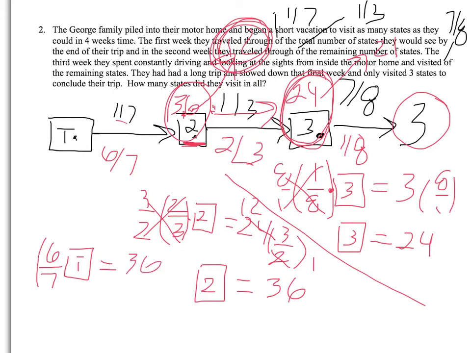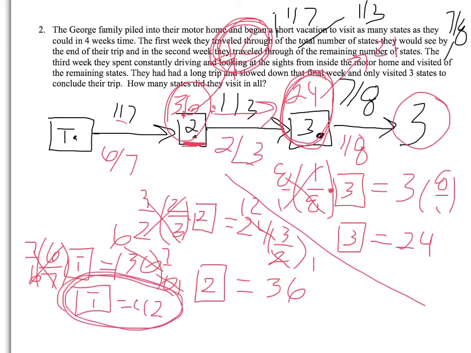Once again, we're multiplying by the reciprocal to get rid of the 6/7. So 7, 6, 7, 6. Cancel, cancel. So the total number of states we're going to go through, 6 goes into 36, excuse me, 6 times. There's a 1. 7 times 6 is 42. So the total number of states that we're going to go through is 42.